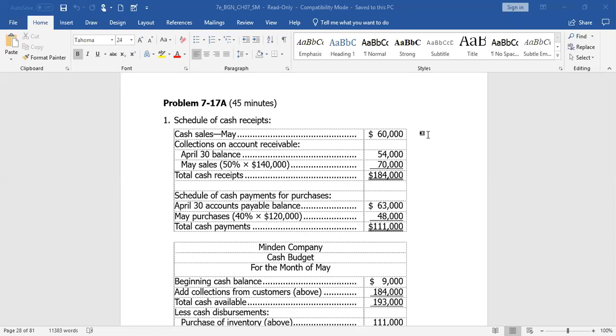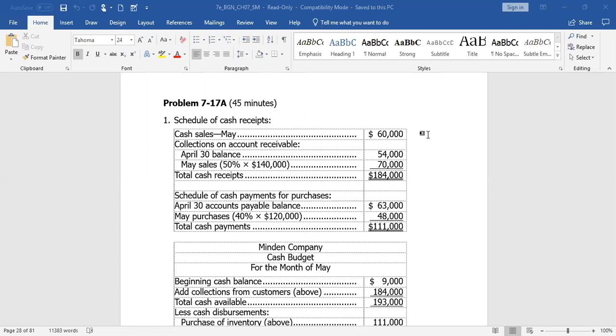Of the credit sales, 1/2 of them are collected during the month of the sale, and the remainder is collected the following month. So 50% of the $140,000 credit sales will be included in cash because they'll be collected. All of the April 30th accounts receivable will be collected in May.